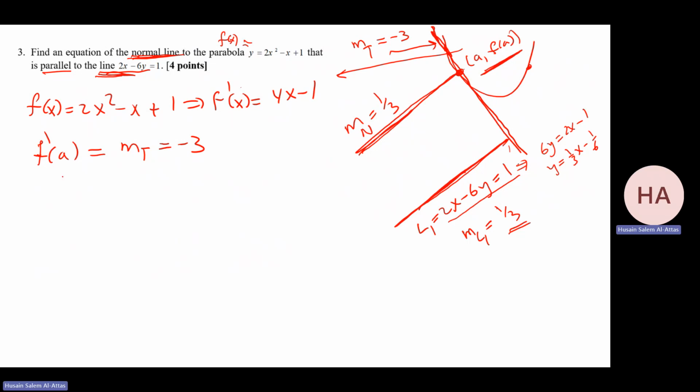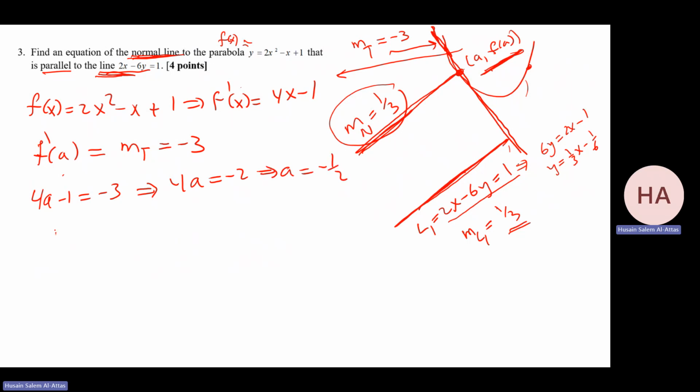If I find A, I find the point, I have the slope, we can find the equation of the normal line. What will be f prime at A? 4A minus 1 equal -3. So that means 4A equal -2. So A equal what? -half.